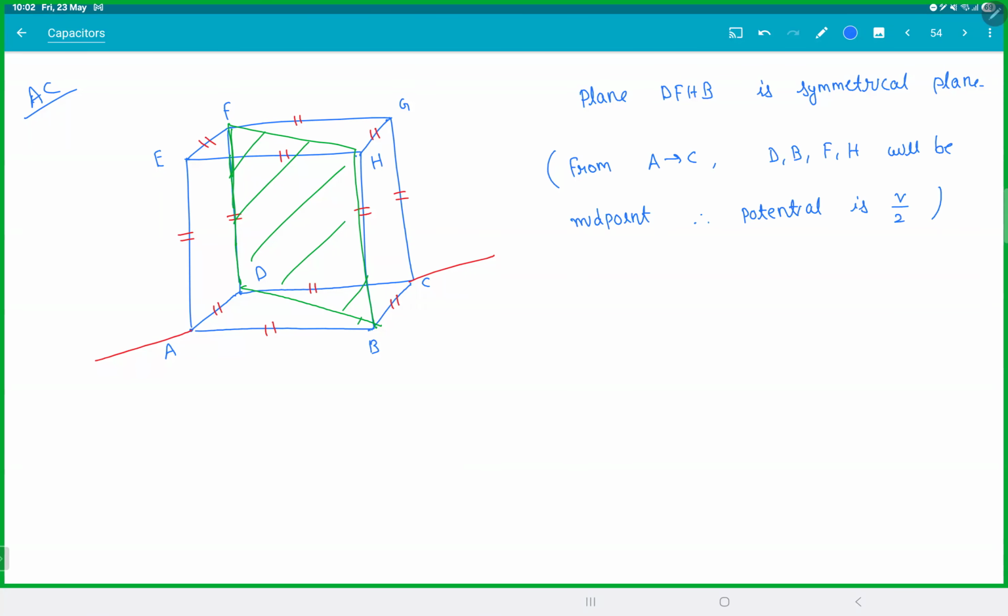That means what? Therefore, if they have same potential, you can remove capacitor between them. So any capacitor between them can be removed. So capacitor between BH and DF can be removed. Then your circuit looks pretty easy to see.